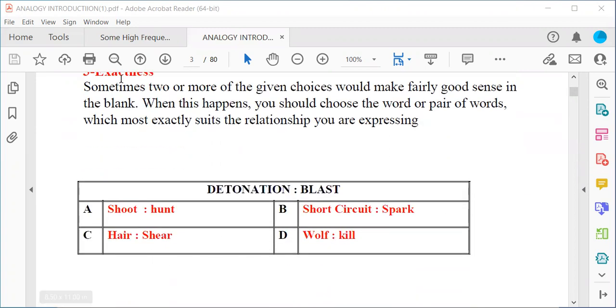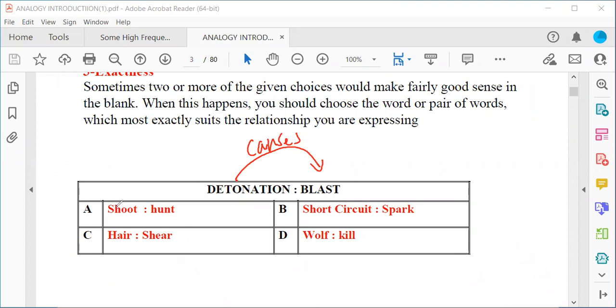Look at the example here. We have detonation and blast. In this pair, detonation causes blast. Detonation is when you mix two chemicals, they make a blast or explosion.